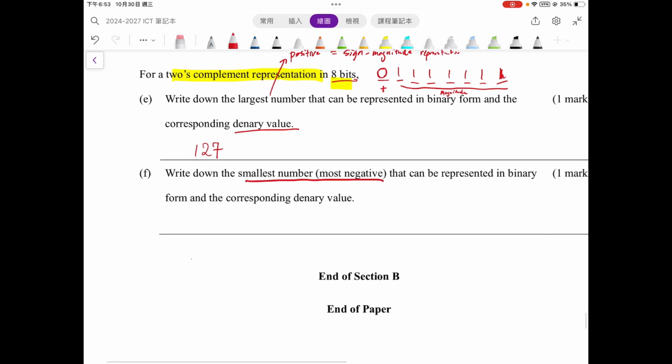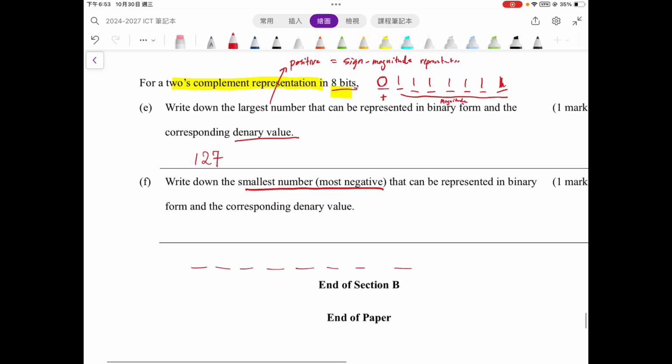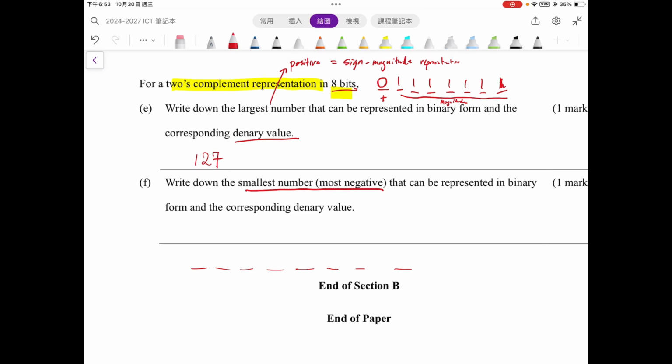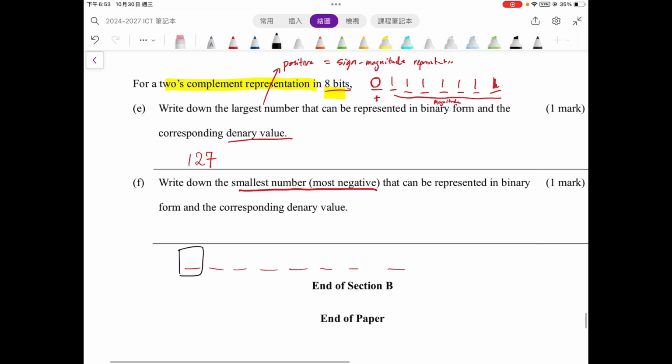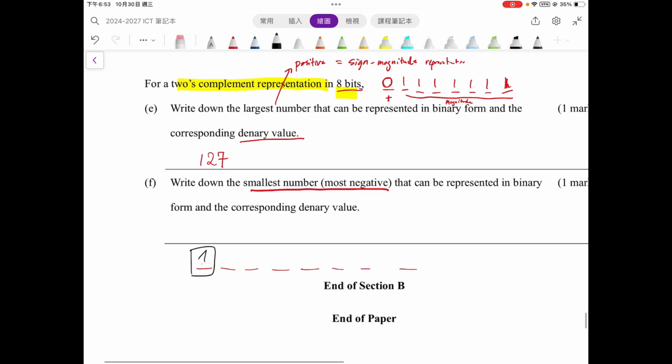First of all, in these 8 bits, 1, 2, 3, 4, 5, 6, 7, 8, the first bit is already assigned. In the first question, E, you can see for positive it is 0. So the only way to make a negative is to make this 0 into 1. So 1 means negative in this case, and therefore this is already fixed to 1.